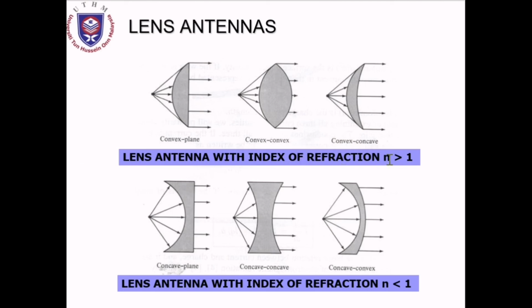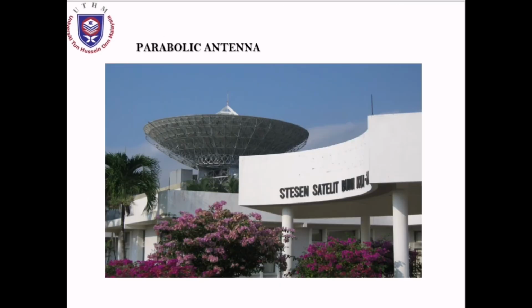If you are using a refractive index n larger than 1, you need to use a convex lens, while if it's n less than 1, you need to use a concave lens to direct the wave to get a high gain directional radiation pattern.